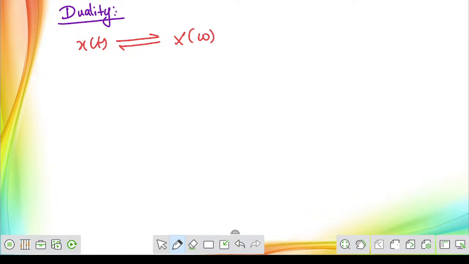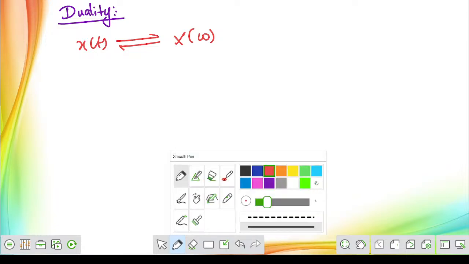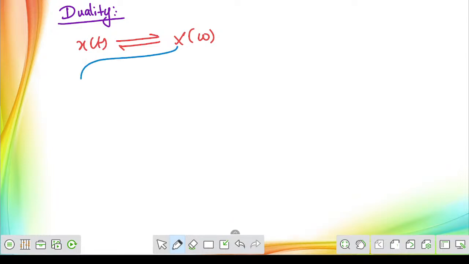Now, if you want to shift that signal using the property of duality, this signal will be shifted to time domain. It means whatever the resultant answer that you are having for a signal in frequency domain, replace omega by t such that that signal will be reflected in time domain.